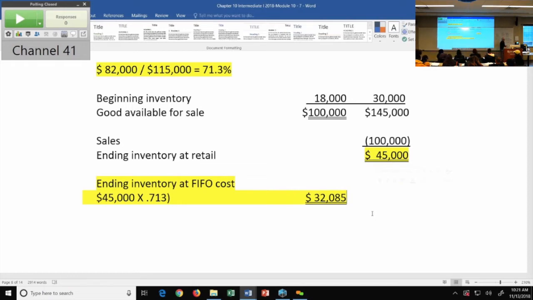And once again, if we go back to the summary, the FIFO method, the cost of retail only includes current cost, which is the purchases, markups, and markdowns. So it only includes your purchases, markups, and markdowns. And notice it's 32.85, and it's the highest value, as you would expect.